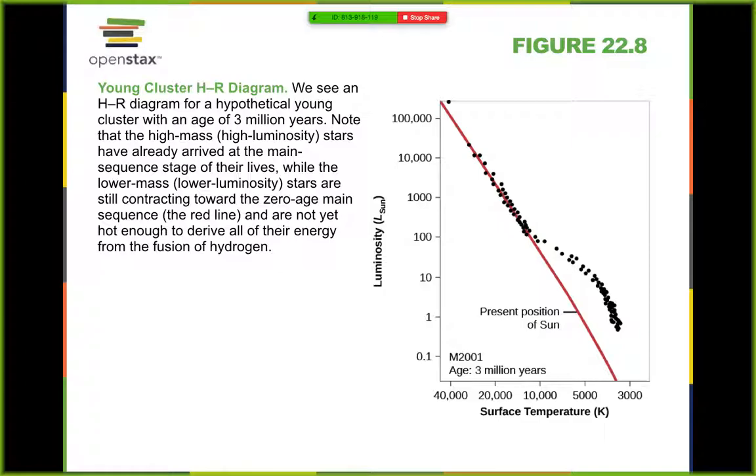And with this, my friends, I introduce mass, the amount of content the star has, as the dominant factor in stellar evolution. So stars that are low mass evolve very slowly. The stars of intermediate mass evolve slightly faster.